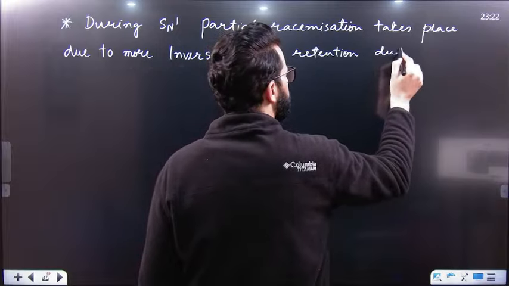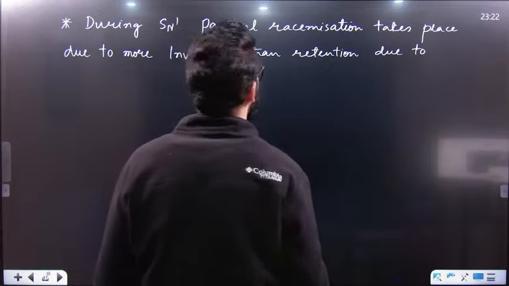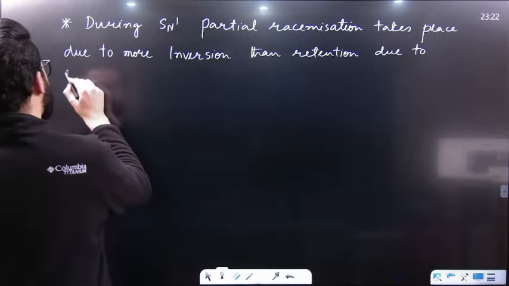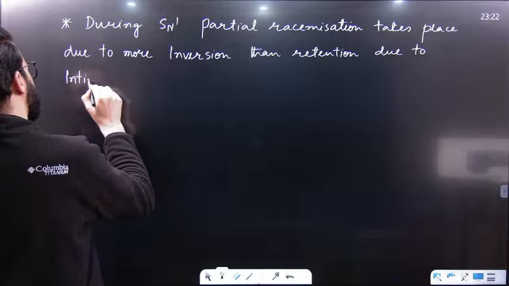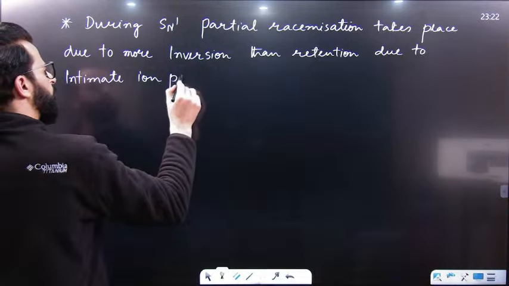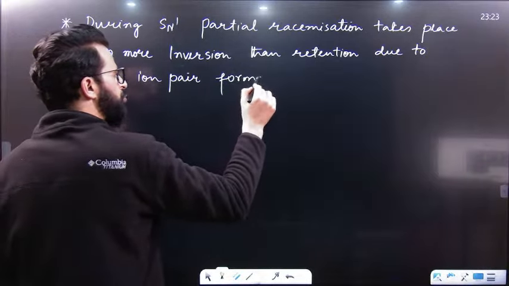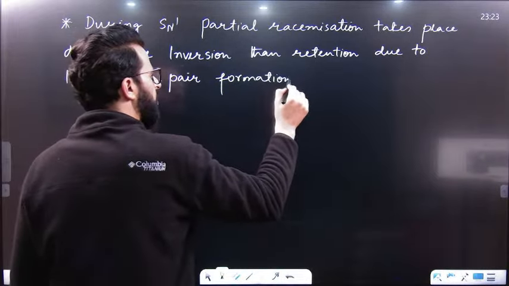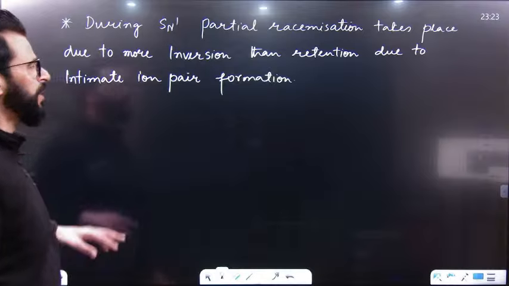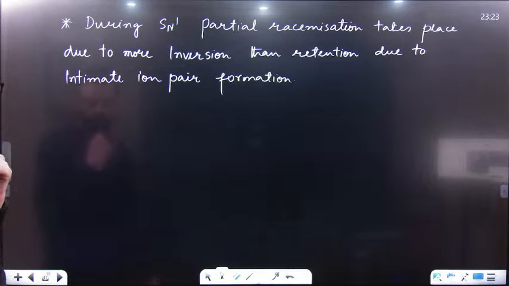Why has this happened? It happens due to intimate ion pair formation. So remember these points because you have already studied these. Now you have to revise these points so that they will help to solve the question.